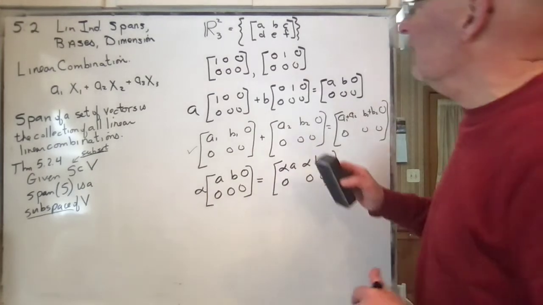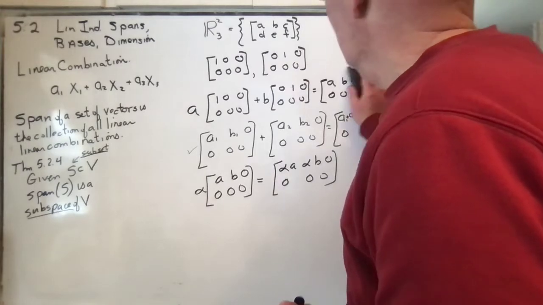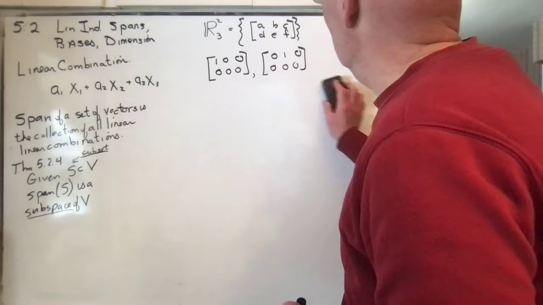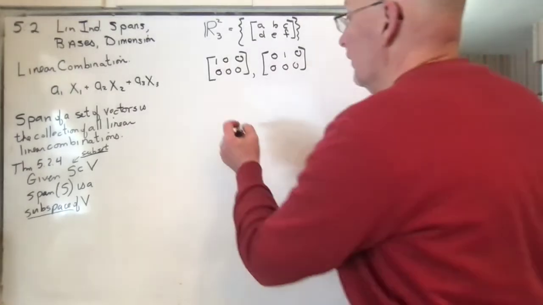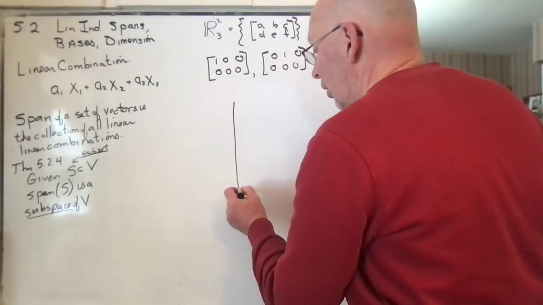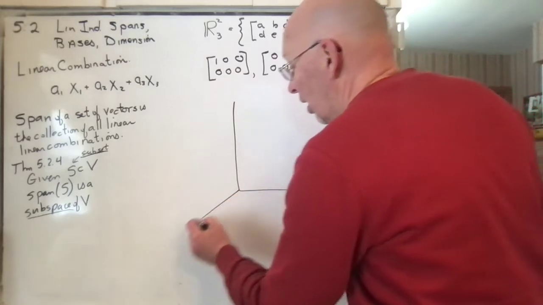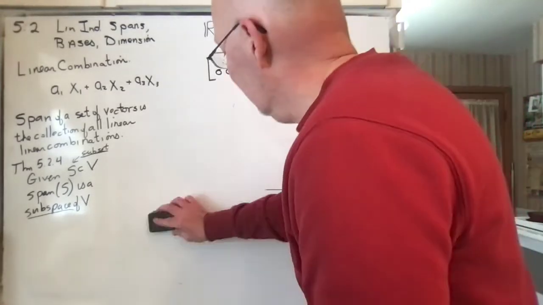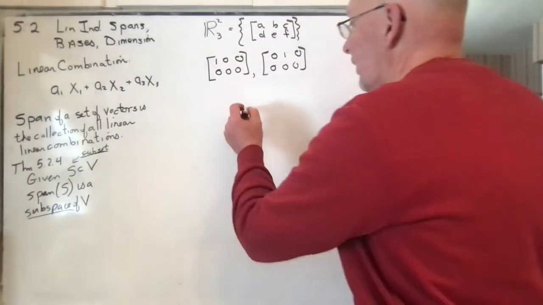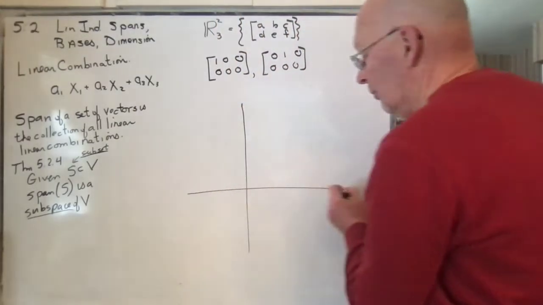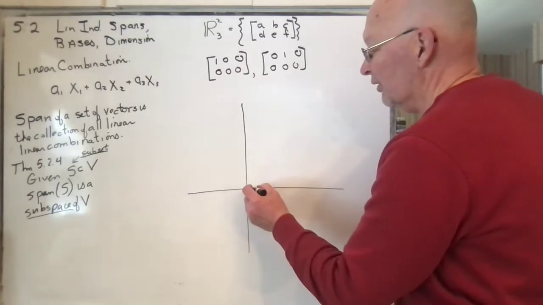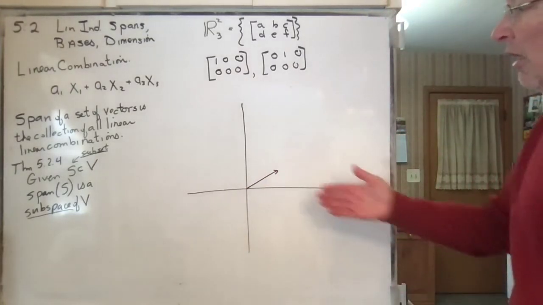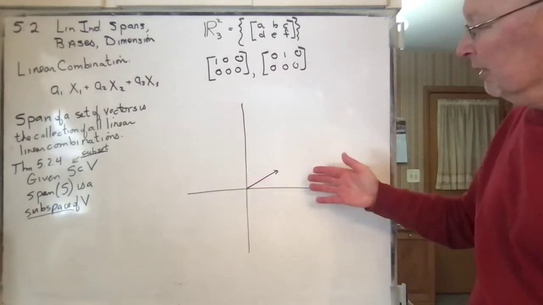Okay, let's do another example, a geometric example, just to show you how this works too. Let's just take the plane. Take one vector in the plane. There's a particular vector. So what's the span of that vector?